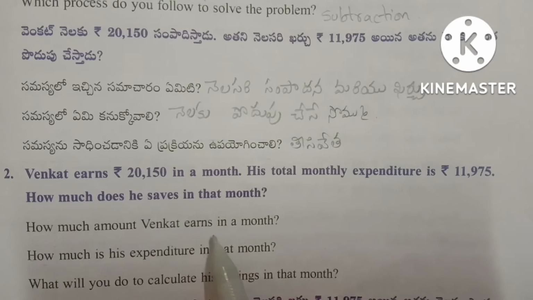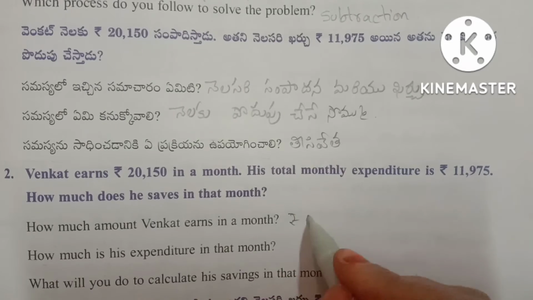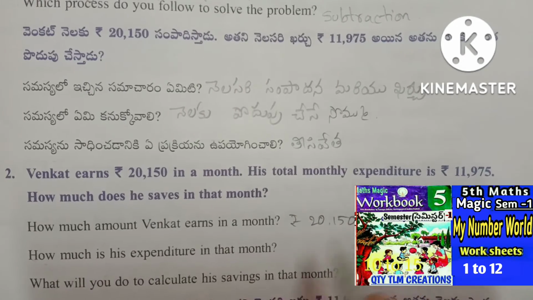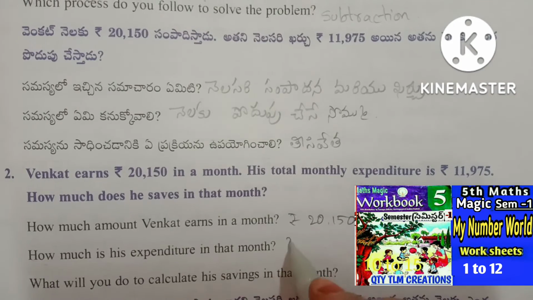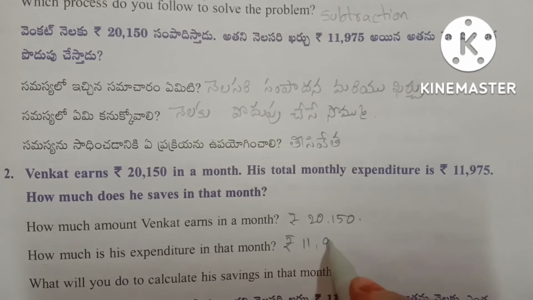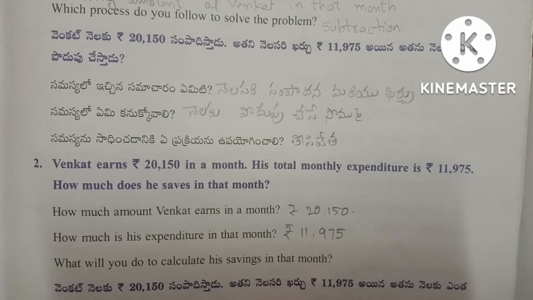How much amount Venkat earns in a month? That equal to 20,150 rupees. How much is his expenditure in that month? That is 11,975 rupees. What will you do to calculate his savings in that month? We will do subtraction to calculate his savings in that month.